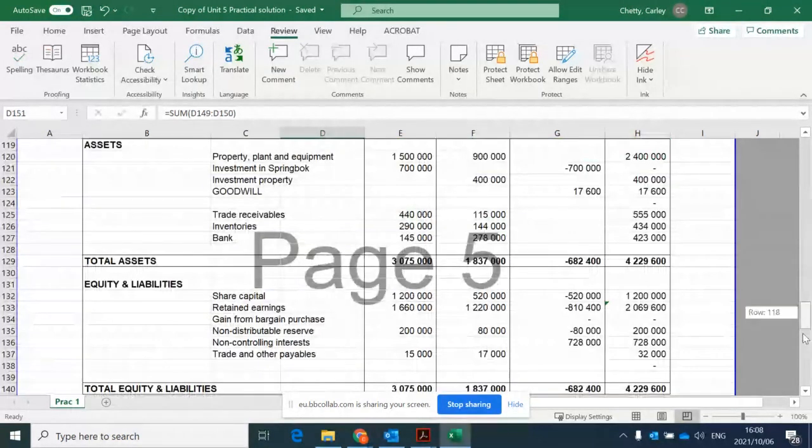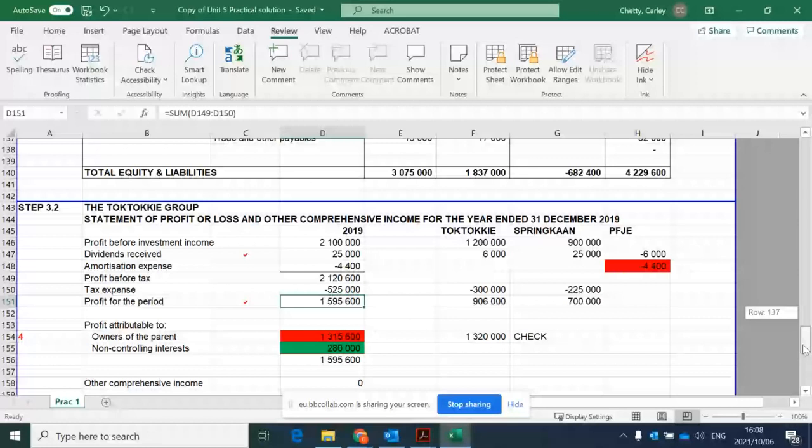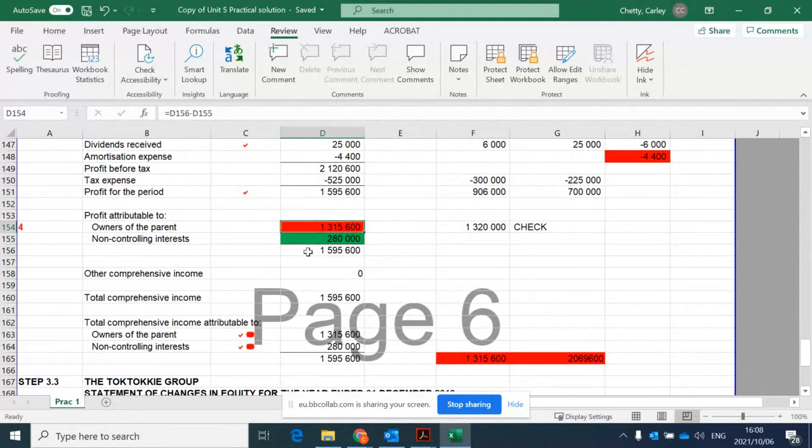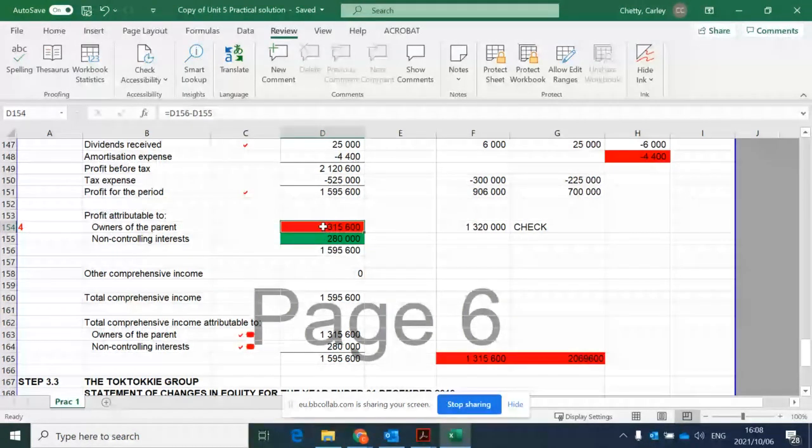Then once we take that non-controlling interest amount of 280,000, and we know the profit for the period is 1.595, the owners of the parent is the remaining balance. So we're simply taking the total minus the non-controlling interest, and this will give us owners of the parent.